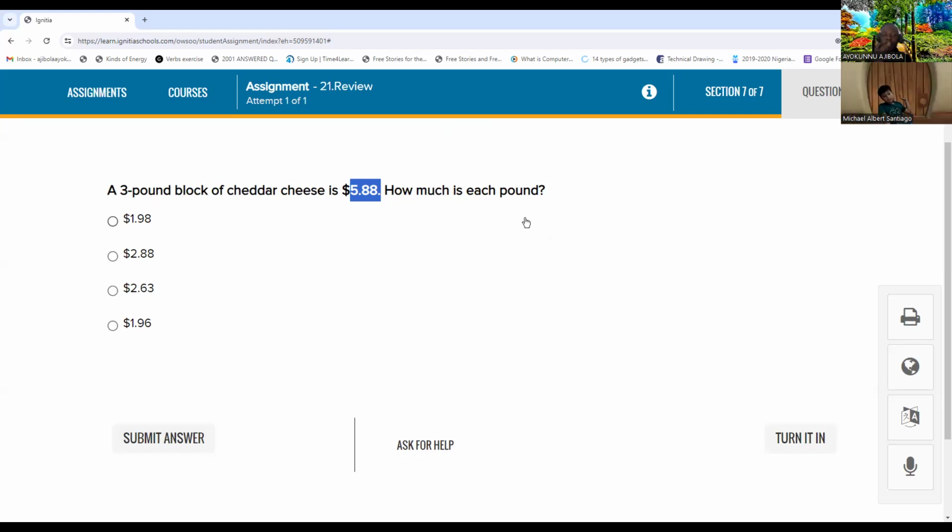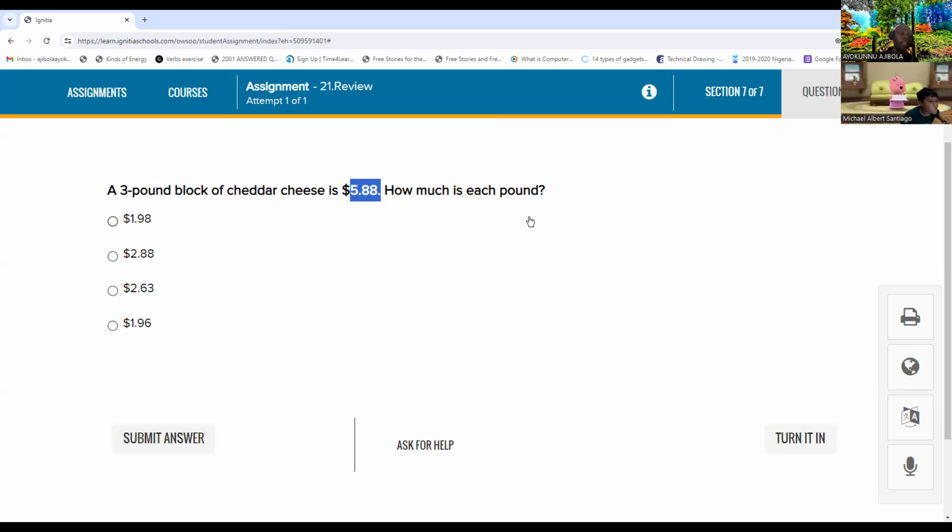For example, if the price of 3 is 6, then the price of 1 is 2. 2 times 3 gives us 6. So that is 6 divided by 3 gives us 2. So what are you supposed to do in this case? Multiply. Did I multiply?